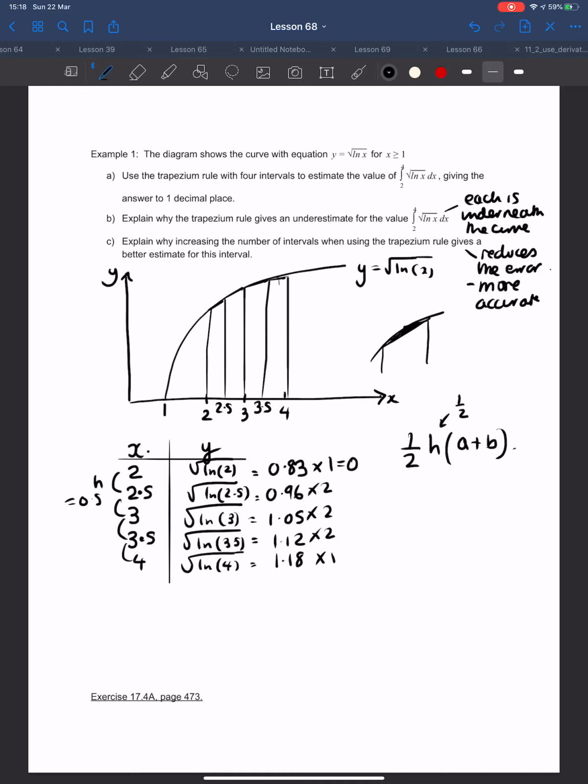That one's 0.83. That one's 1.92. Give myself a bit of room here. Next one, that's 2.10, 2.24, 1.18. Add them all up.